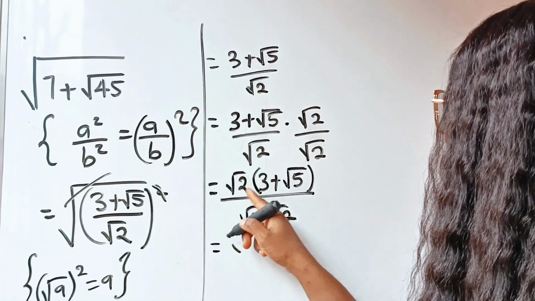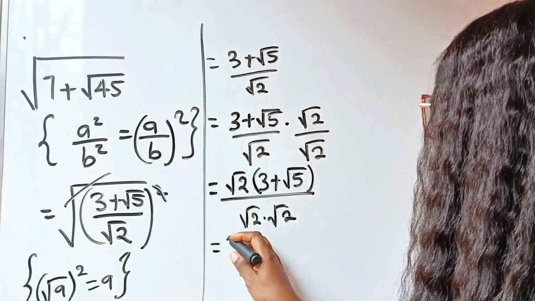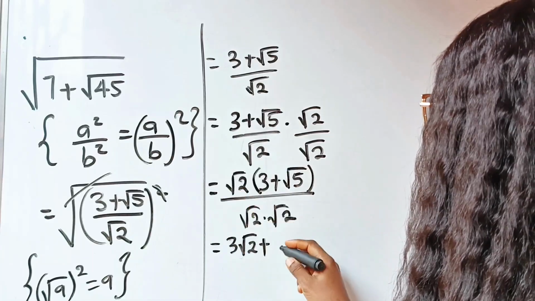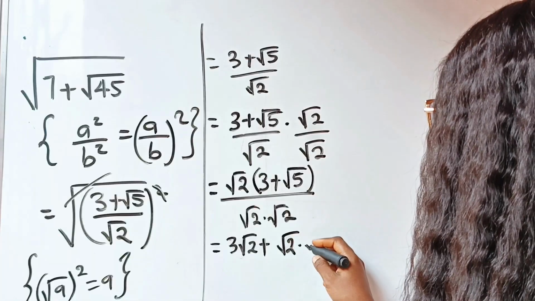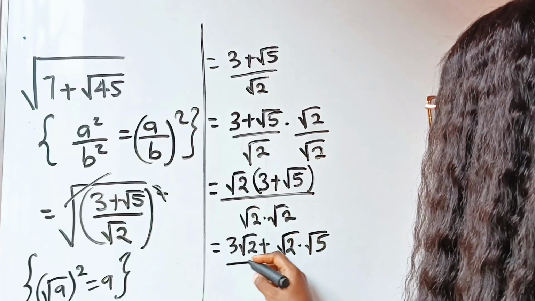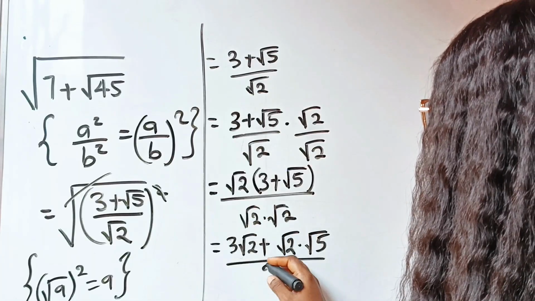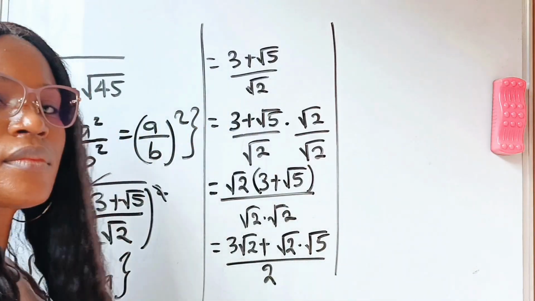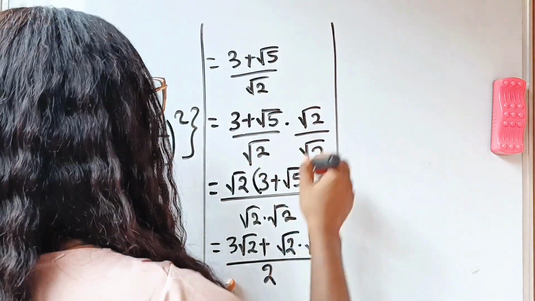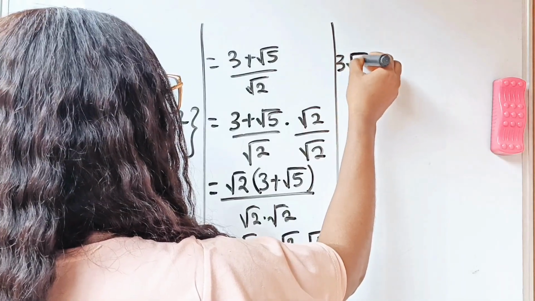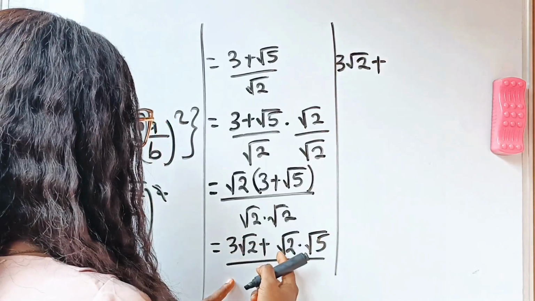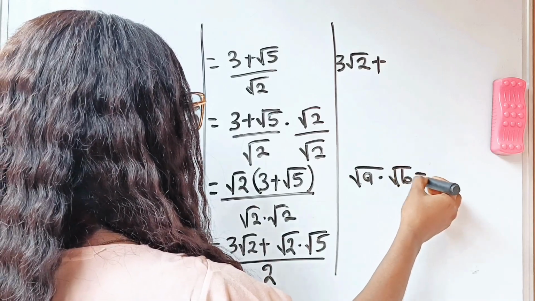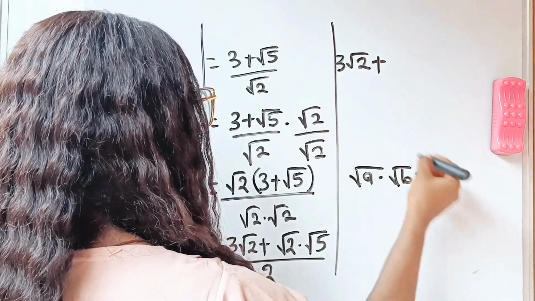So we have root 2 times 3 is 3 root 2 plus root 2 times root 5 divided by root 2 times root 2 is 2. Now we have 3 root 2 plus, now remember that root a multiplied by root b is equal to root ab.